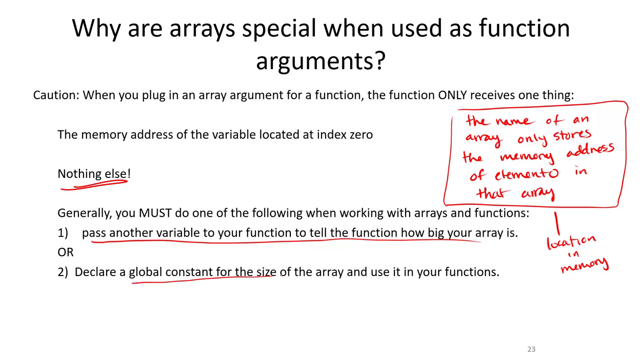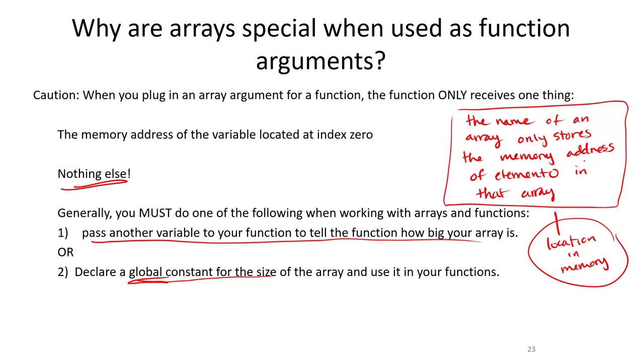And that way, if the functions have access to that global constant, which again, if it's a global constant, they will, that way functions will know how many items are in the array, and you can write for loops. So very important to remember, the name of an array only stores the memory address of its 0th element. So we have to tell our functions how many items are in our arrays.